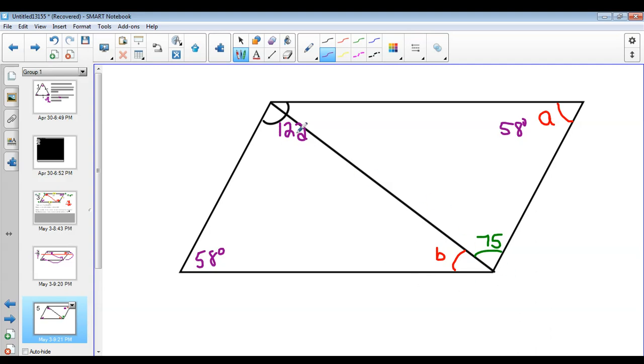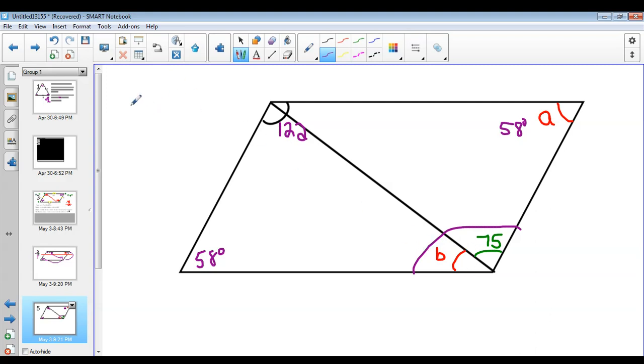Now I know that this whole angle is 122, and it has to be congruent to this whole angle over here. And I drew that arc really big because I know that part of that angle is 75 degrees. So what is the other part?